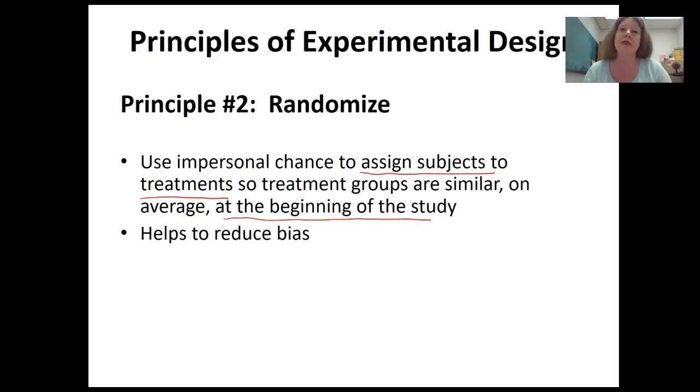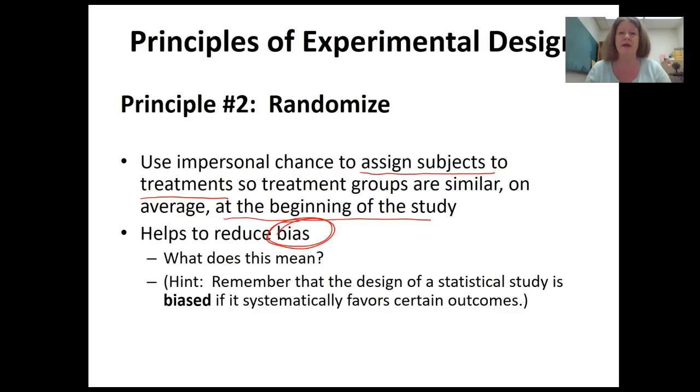What does this do for us? It helps to reduce bias. So you might remember that term from earlier. What is bias? So what does it mean when I say we're helping to reduce bias? What does that mean in an experimental setting? So a hint is, think back to what we talked about when we initially talked about this idea of bias.